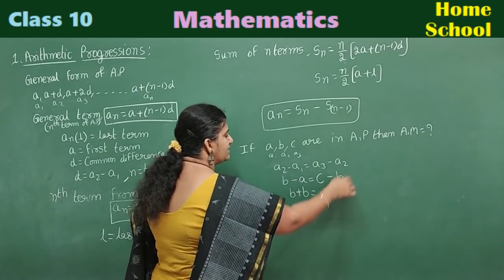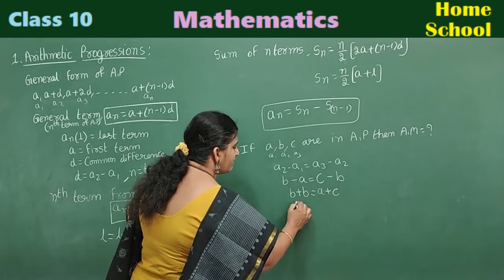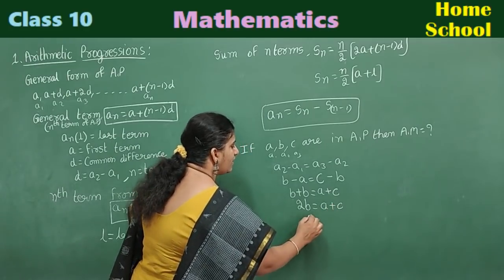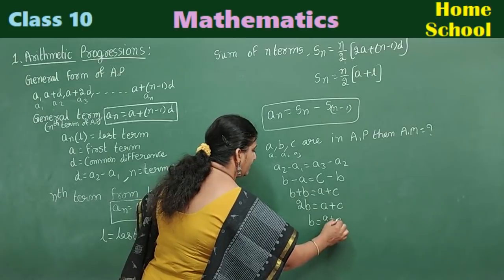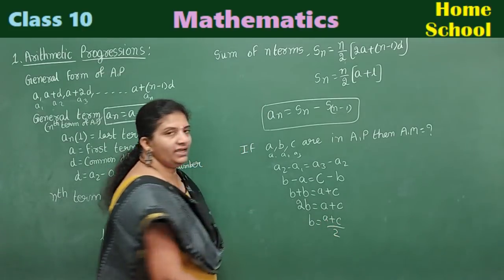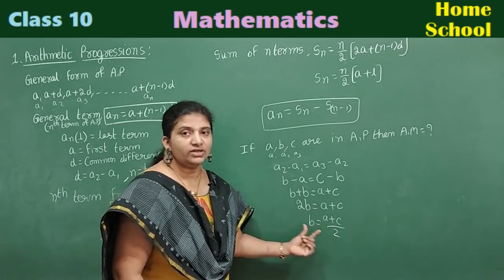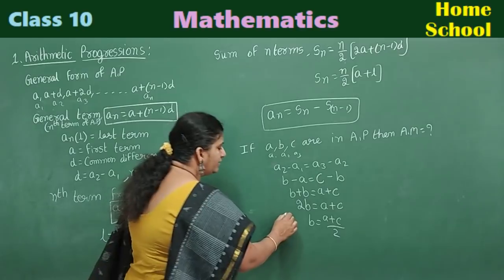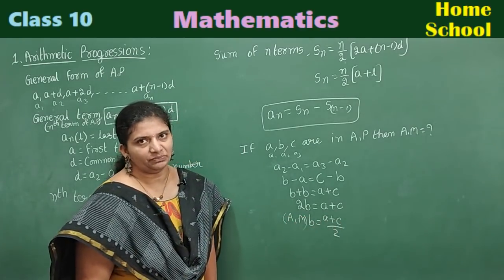And minus a transposed to the other side, plus a plus c. b plus b will be 2b, 2b is equal to a plus c. And send this multiple to the other side, it will be divided. a plus c by 2. b is equal to (a plus c) by 2. This is the formula for arithmetic mean. Arithmetic mean b is equal to (a plus c) by 2.